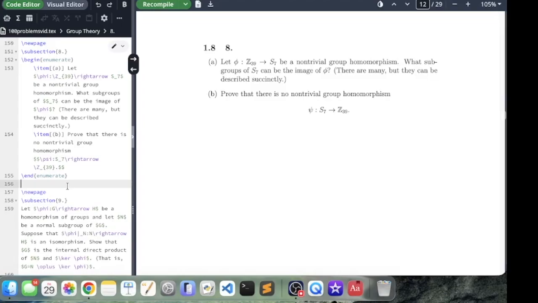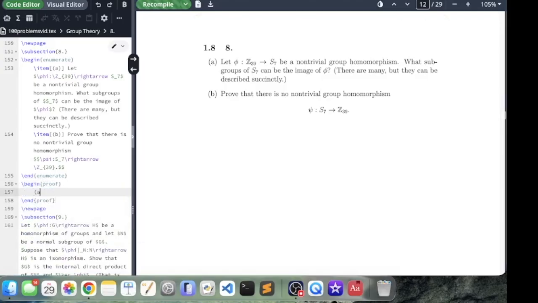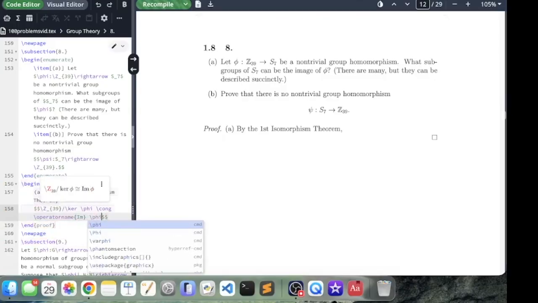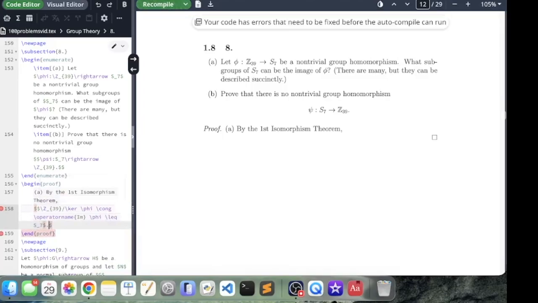Okay, so let's do our proof for part A. By the first isomorphism theorem, that gives us that Z39 modded out with the kernel of phi is isomorphic to the image of phi, which is a subgroup of S7.